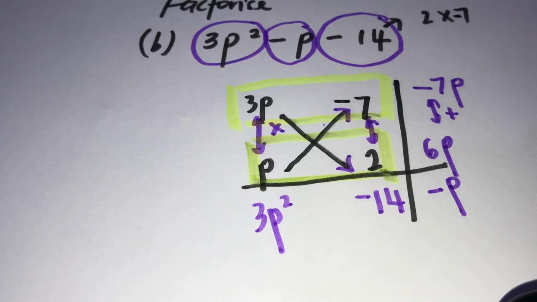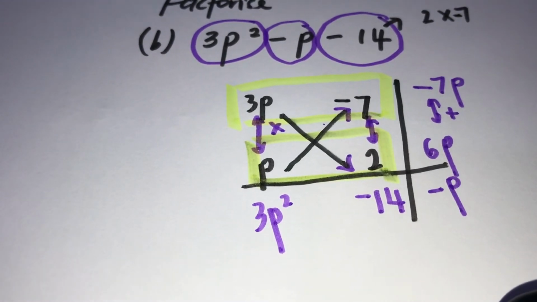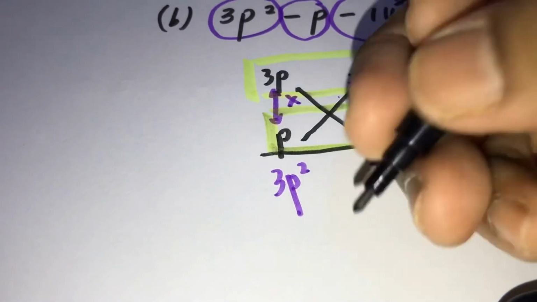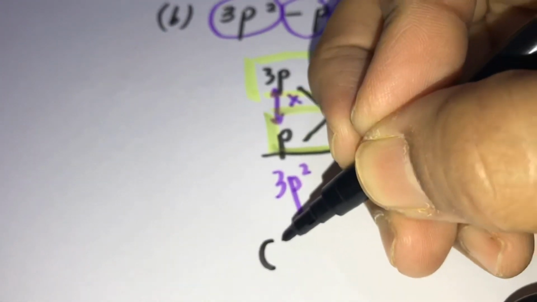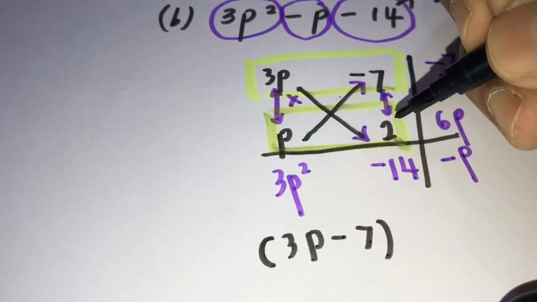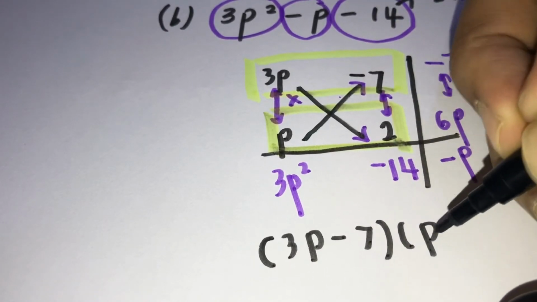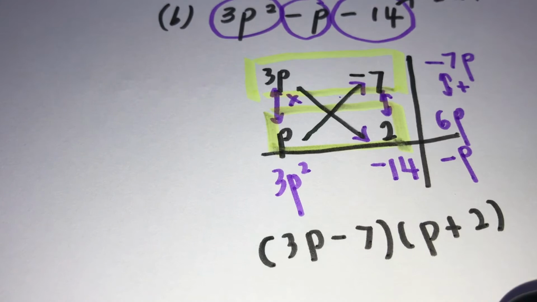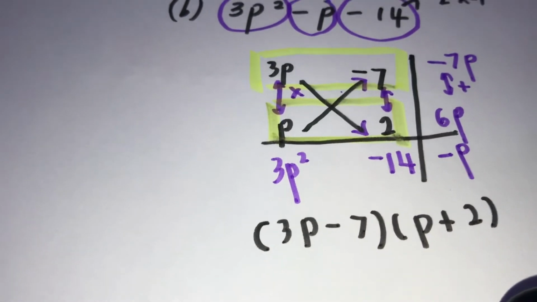So you just write the answer: 3p minus 7, p plus 2. That is your final answer.